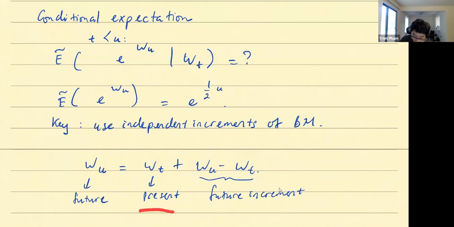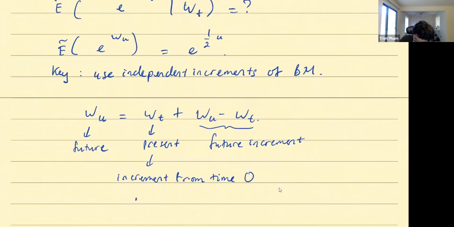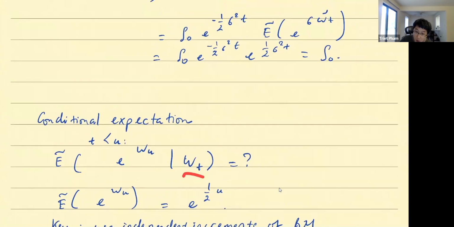Because the present value can always be viewed as the present increment from time zero, Wt minus W0. So for that reason, the future increment is always independent of the present value. And remember, in conditional expectation, if you have independence, you can just ignore the conditioning.